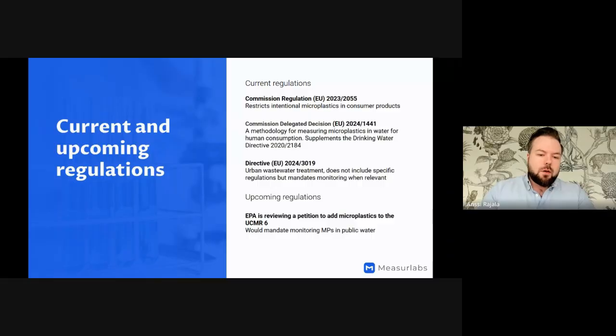Then there's the Wastewater Directive 2024/3019, which doesn't really include specific regulation, but mandates monitoring of wastewaters when seen relevant, for example in case of agricultural use of wastewater or sludge, and also industrial wastewater if it's somehow related to polymers.